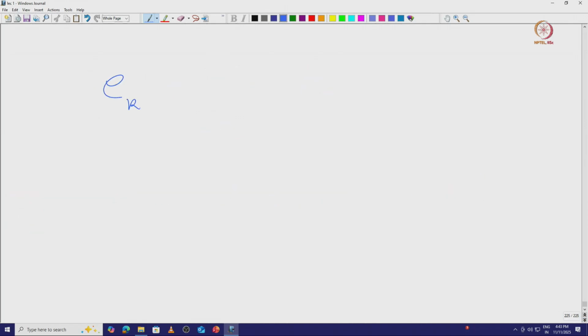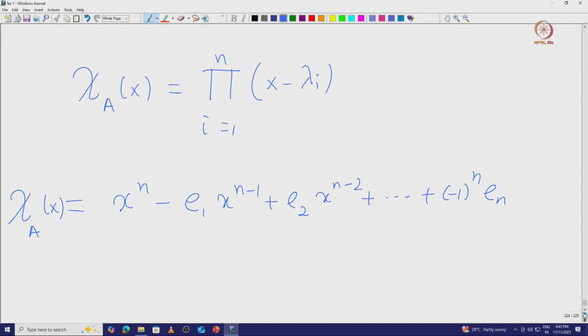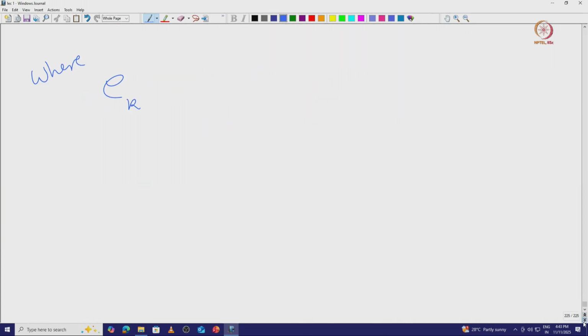I will leave it to you to do this exercise. These e k's are given by the elementary symmetric polynomials on the roots lambda 1 etcetera lambda n. So, e k is given very explicitly by the sum of lambda i 1 through lambda i k, where the i's vary from 1 to n, satisfying this property.